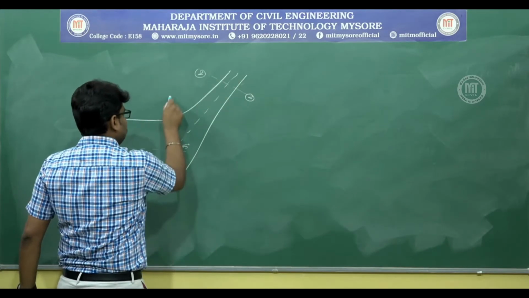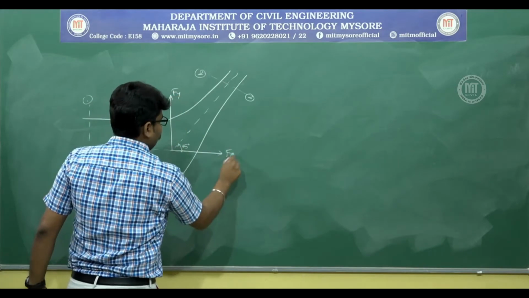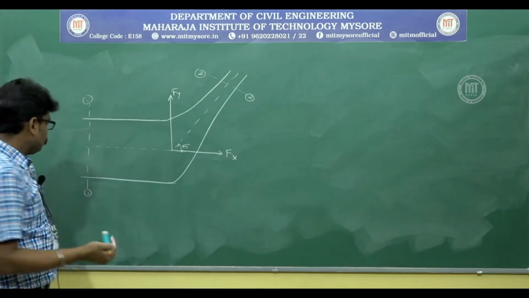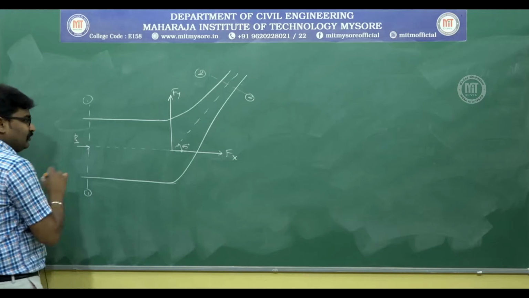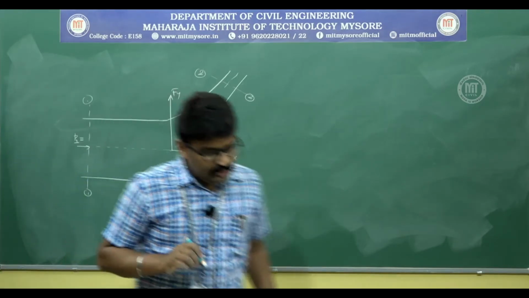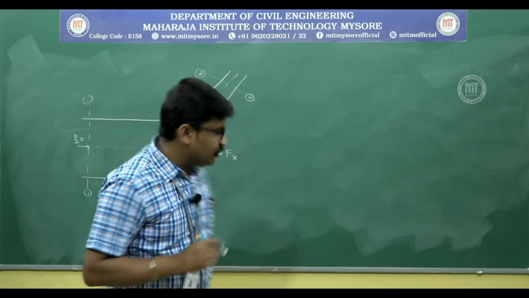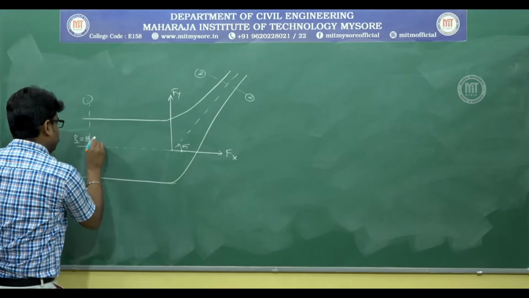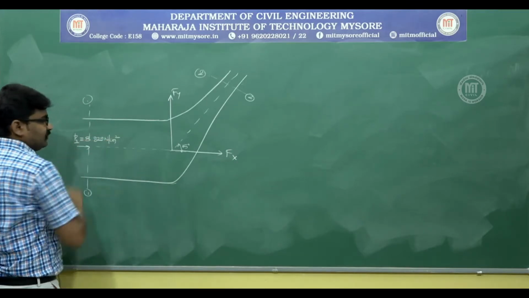So you know that this is nothing but Fy and this is nothing but Fx. The intensity of pressure at section 1, P1, is given as 8.829 Newton per centimeter square.